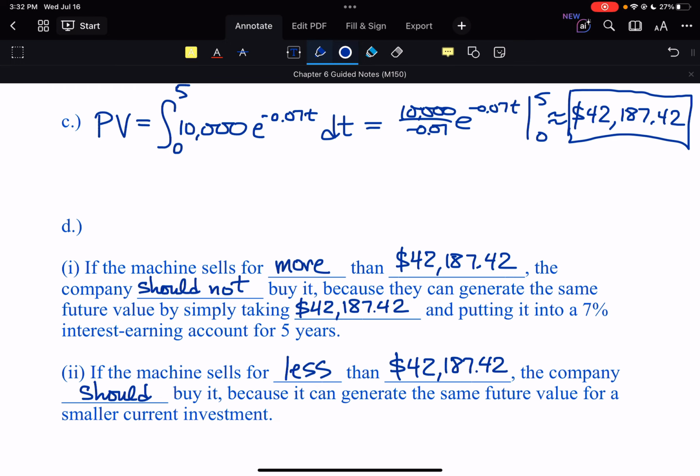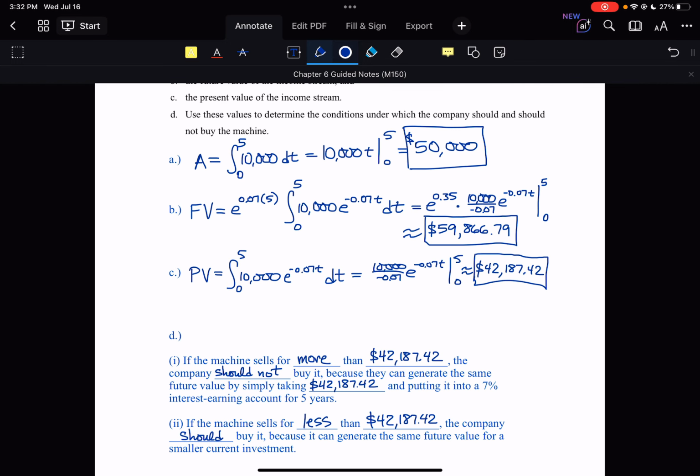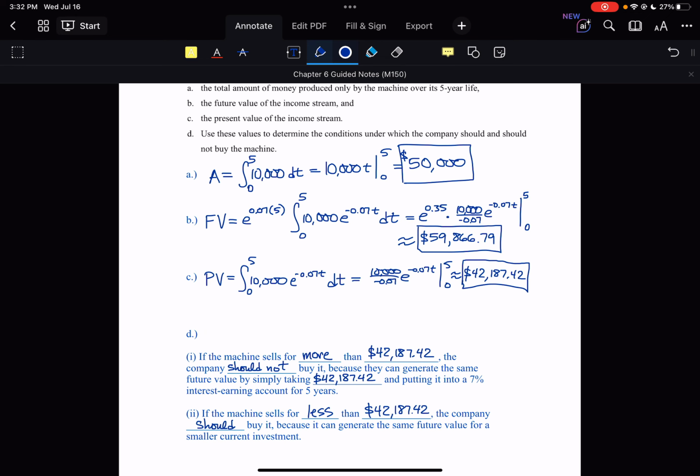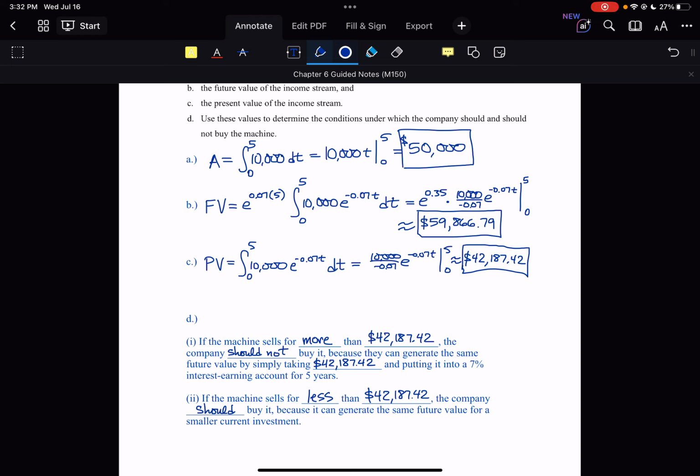All right. So just to recap kind of everything that just happened here. So the company, if they buy this machine, it'll produce $10,000 a year over 5 years. Those $10,000 a year then get invested into an account and they earn some interest on it. So they're going to get $59,866. Okay, that's using $50,000 from the machine and then an extra $9,000 from the interest that they earn.